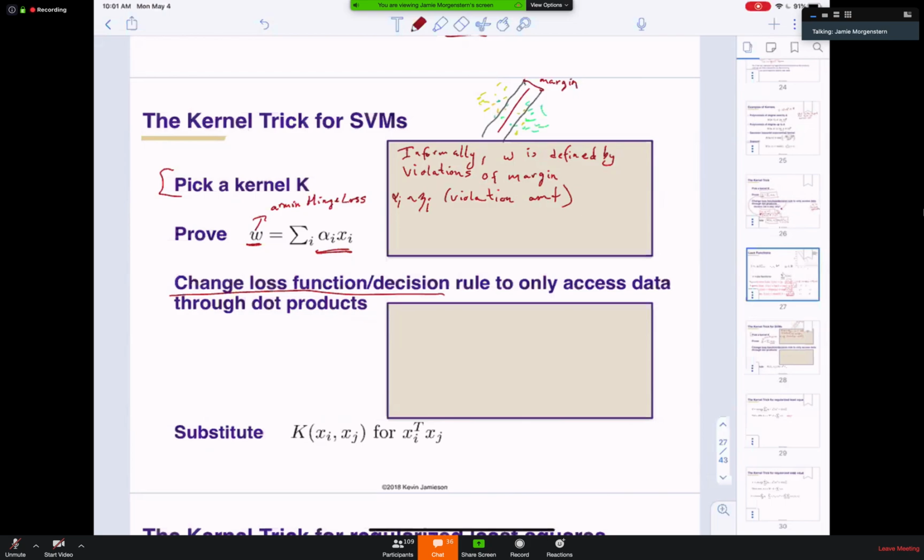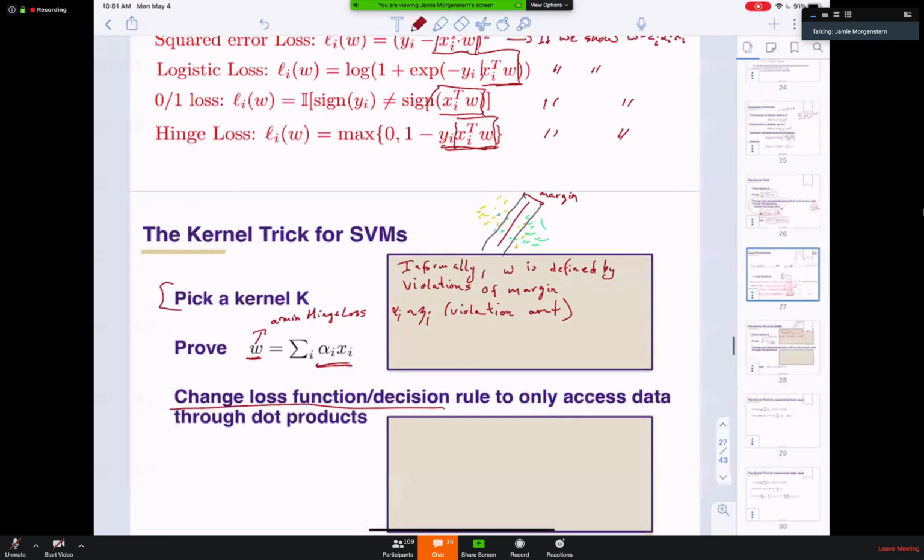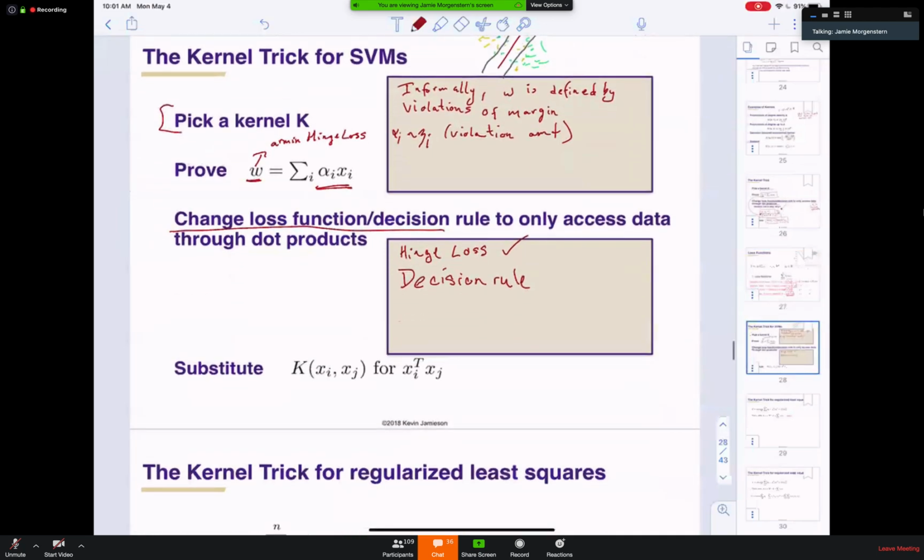And then we want to change the loss function or the decision rule to only access data through dot products. We already talked about how to do this for the hinge loss, and the decision rule, as we talked about before, is also very easy. The decision rule, which was just W transpose X minus beta being greater than 0, is equal to the sum over i of alpha i x_i transpose x, minus beta, greater than 0.